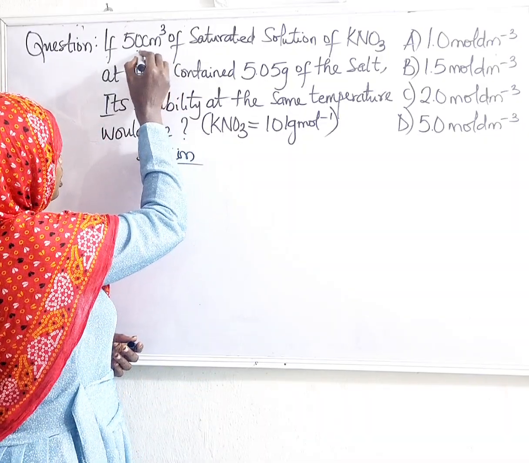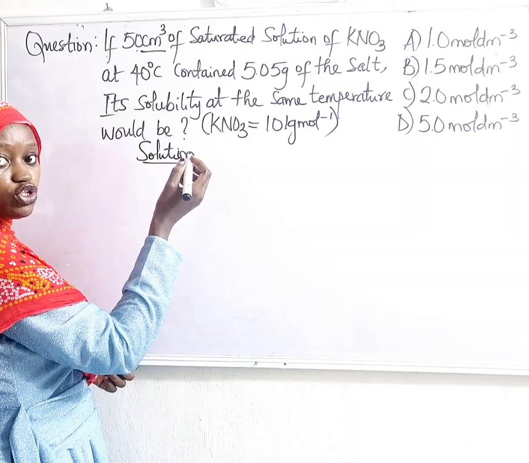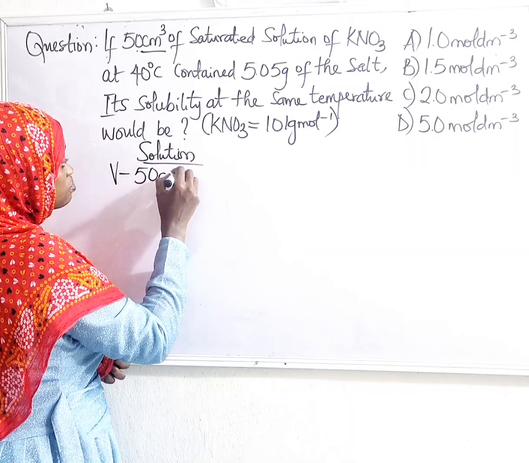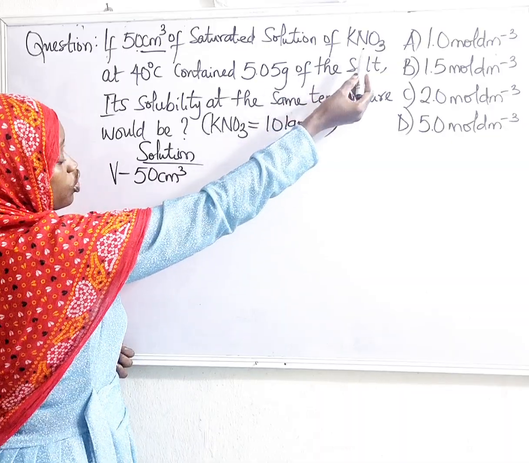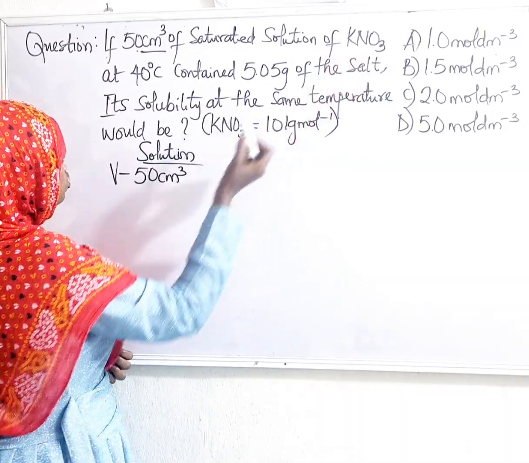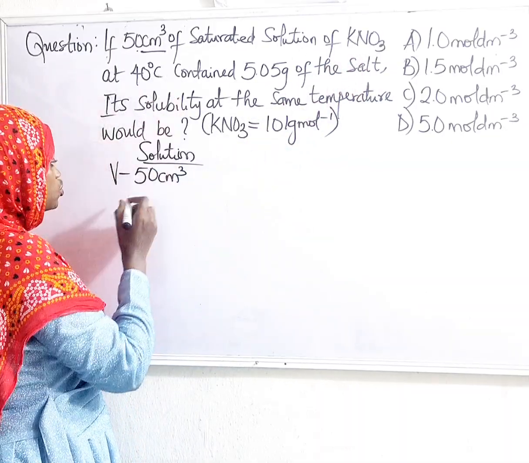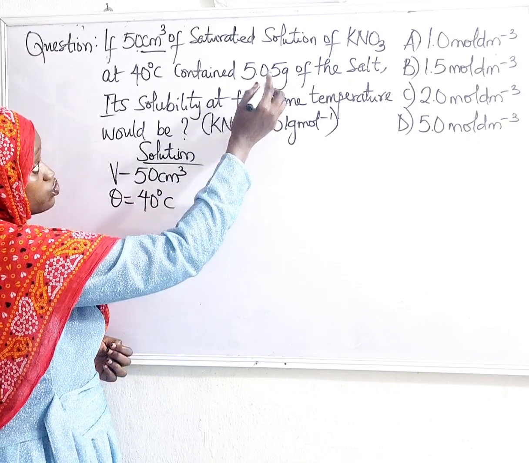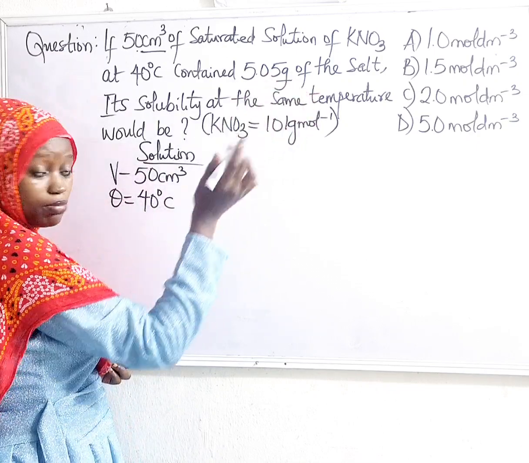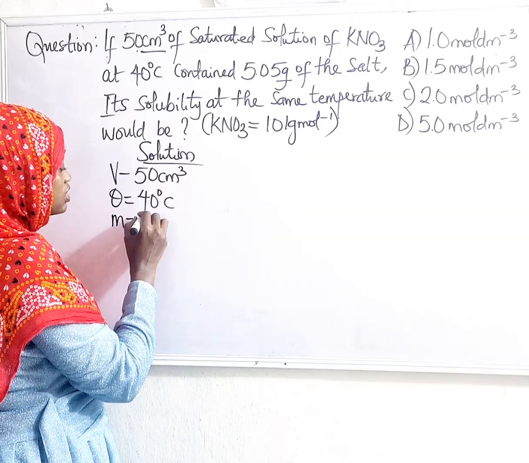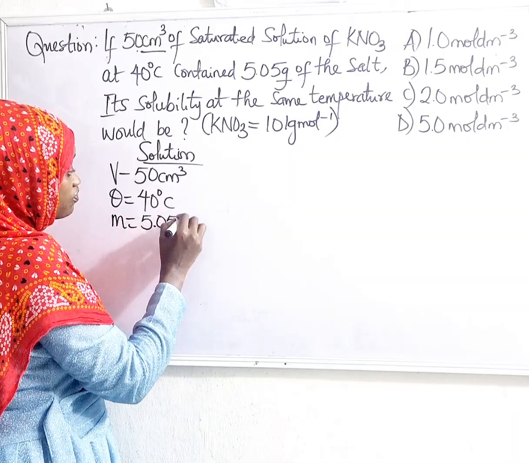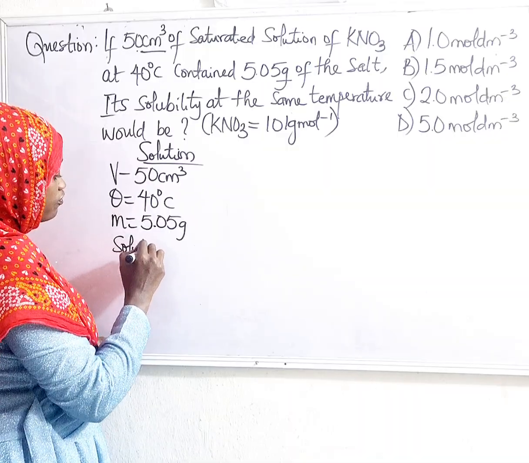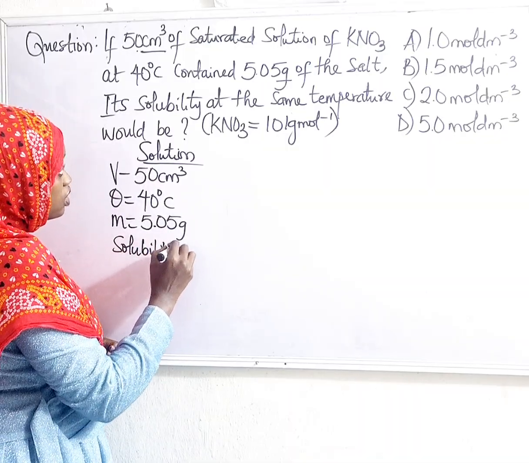Now, once you see centimeter cube, you know that's the unit for volume. So the volume is given as 50 centimeter cube of the compound potassium trioxonitrate 5 at 40 degrees Celsius. We know that is temperature, 40 degrees Celsius. And once you see grams, we know that's talking about mass. So we have the mass given as 5.05 grams. And what you're looking for is the value for the solubility, right?